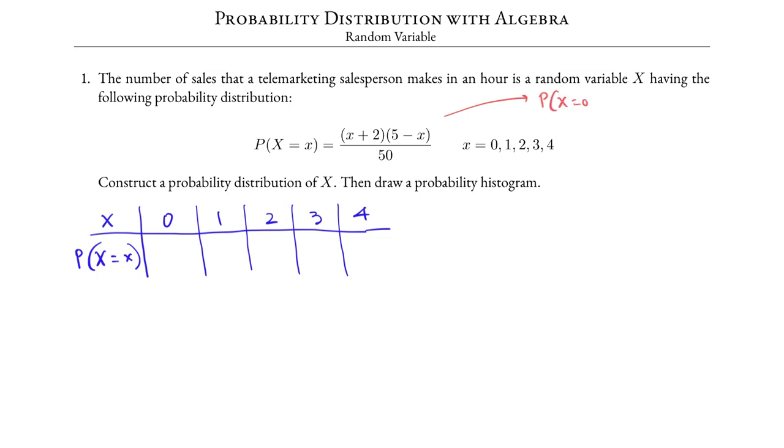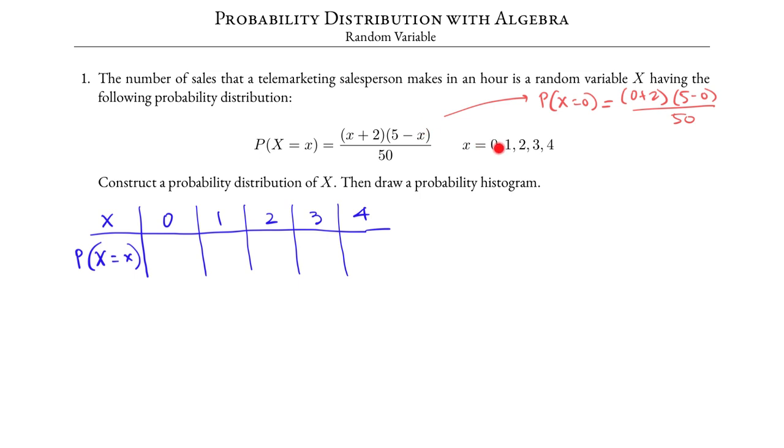When x equals 0, we replace x with 0 in the formula to get 0 plus 2 times 5 minus 0 over 50. Notice that we write everything the same except that everywhere we see an x, we replace it with the value of x.